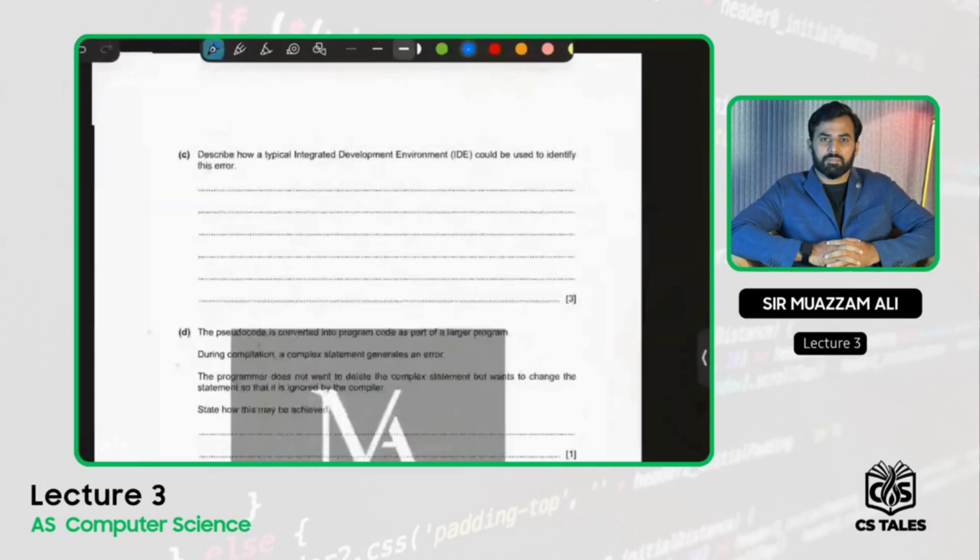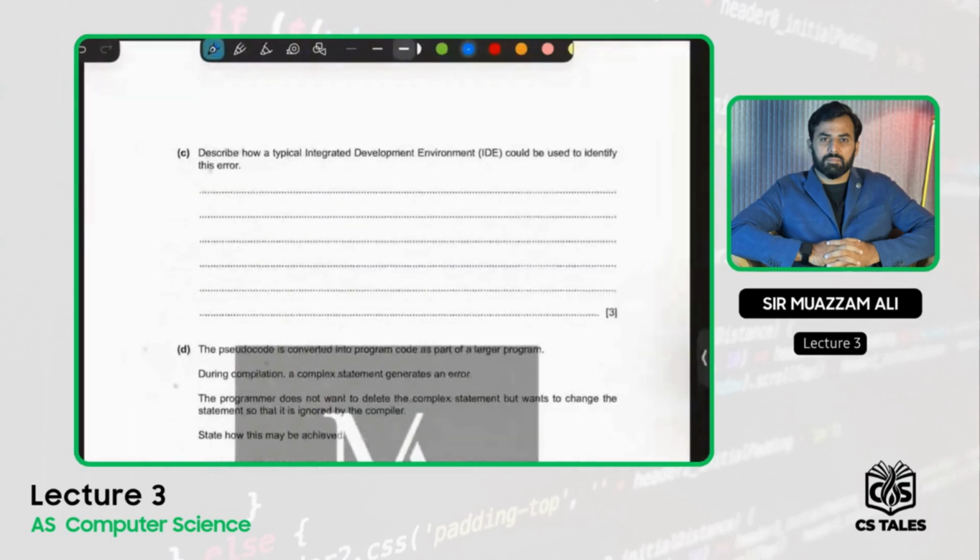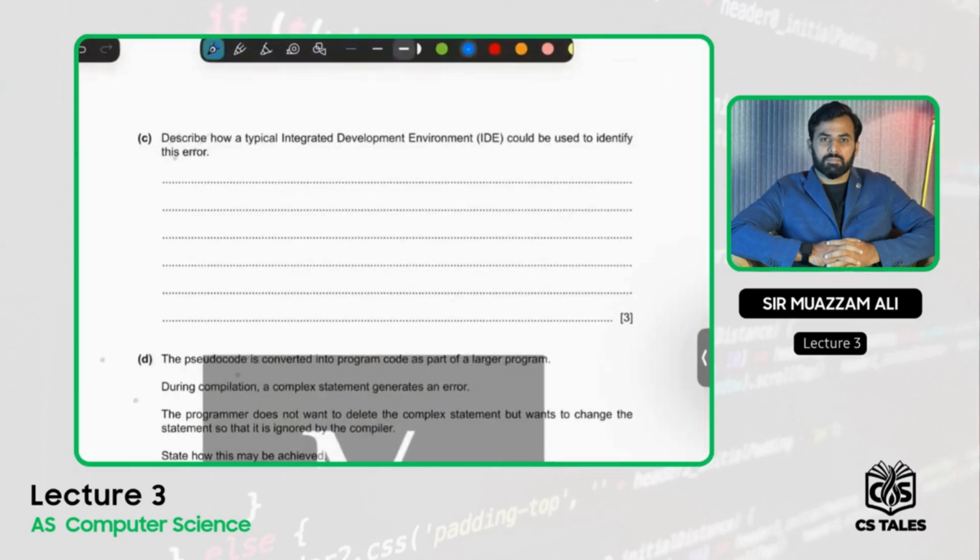Next it asks to describe how a typical IDE could be used to identify this error. IDE means you can use a line by line interpreter. Whenever you use the interpreter, it will break the program, or we can say a breakpoint to stop the program at a certain line.